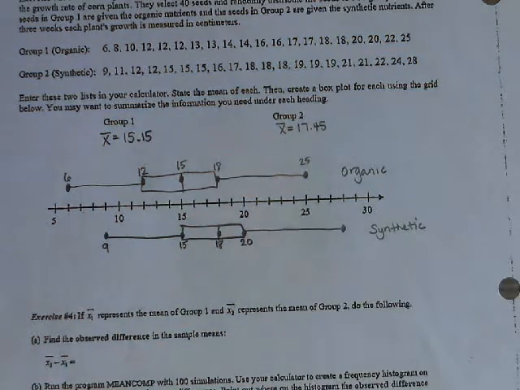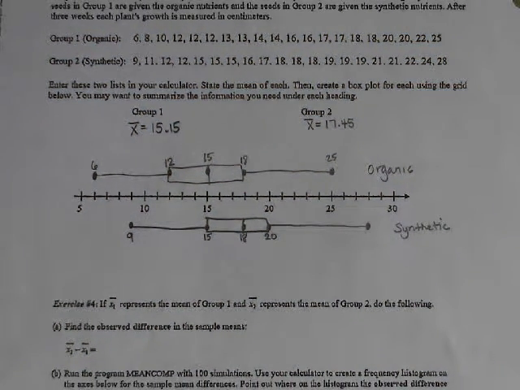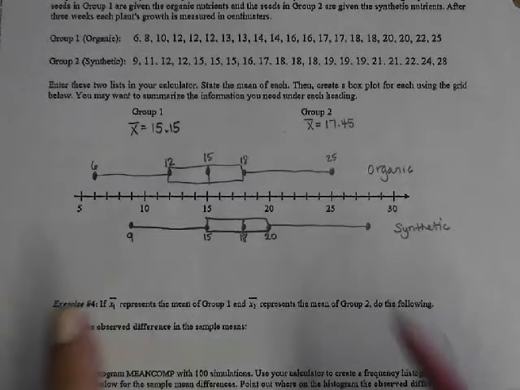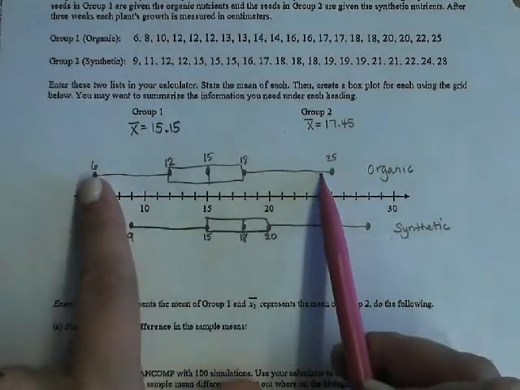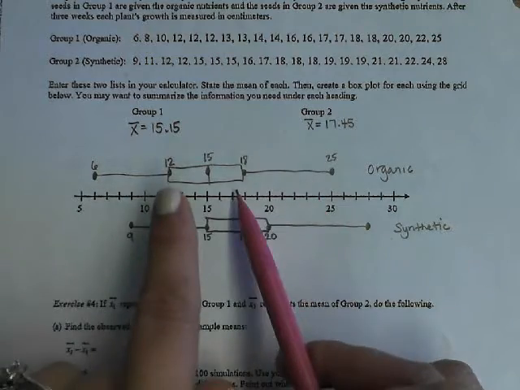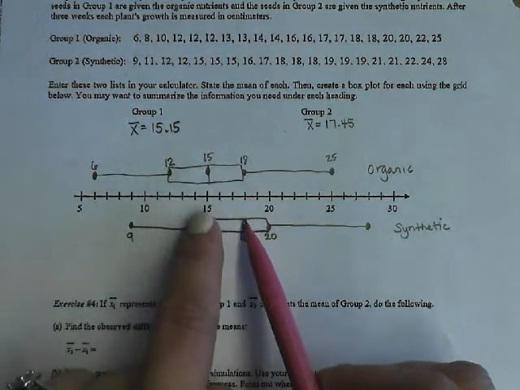At first glance, Riley, what conclusion would you make? The organically fed plants are smaller. I would agree. Not only is the entire box plot shifted to the left, but also your median is lower, your minimum is lower, your maximum is lower.